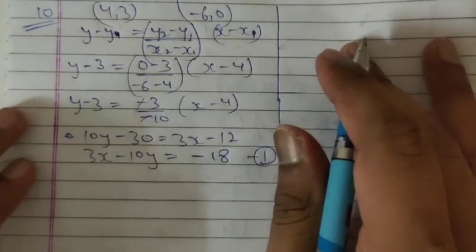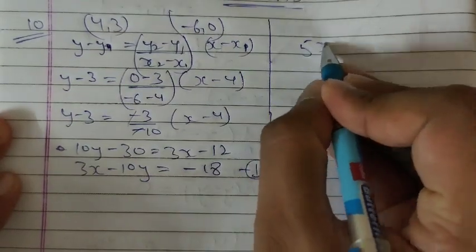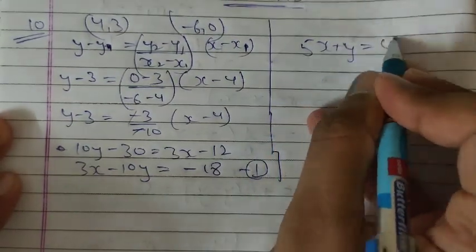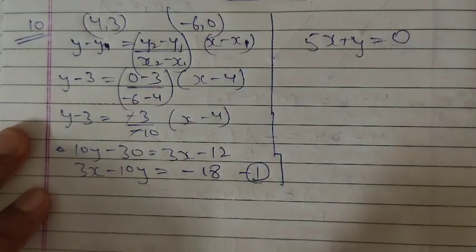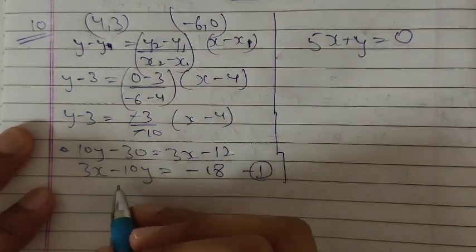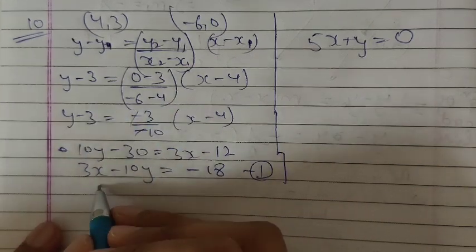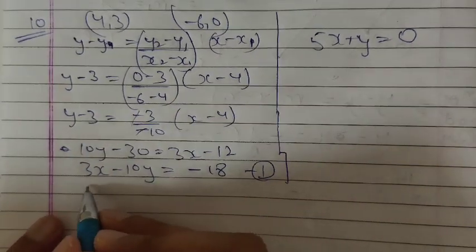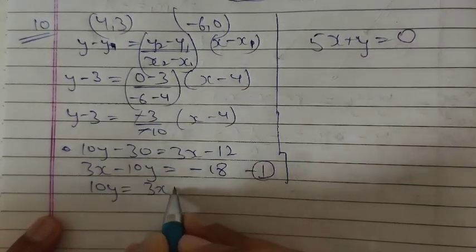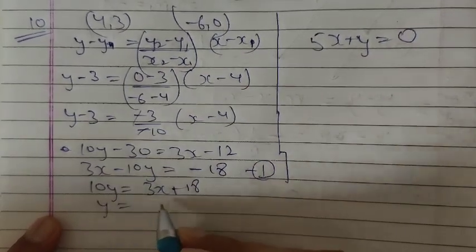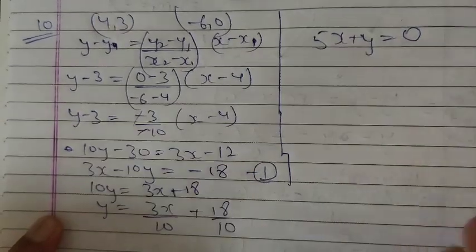Another equation is given, 5x plus y is equal to 0. So we have to find the angle between them. Slope of this line: 10y is equal to 3x plus 18, y is equal to 3x upon 10 plus 18 upon 10.